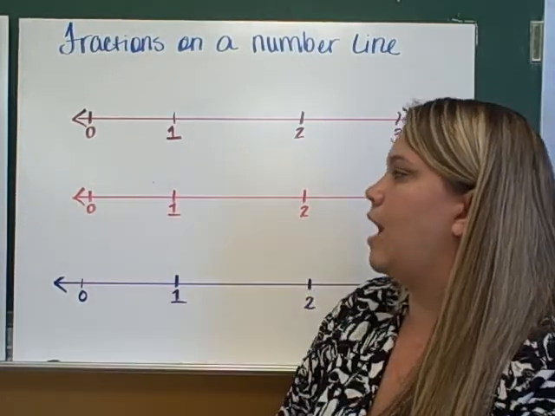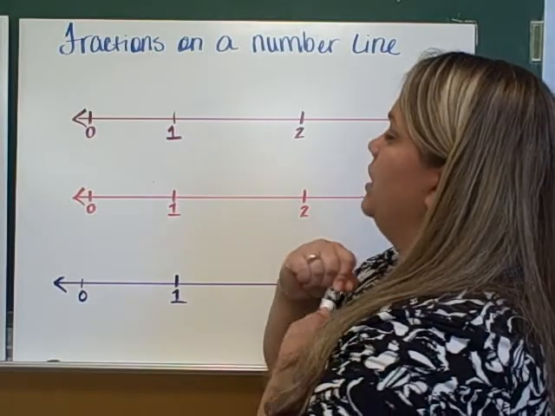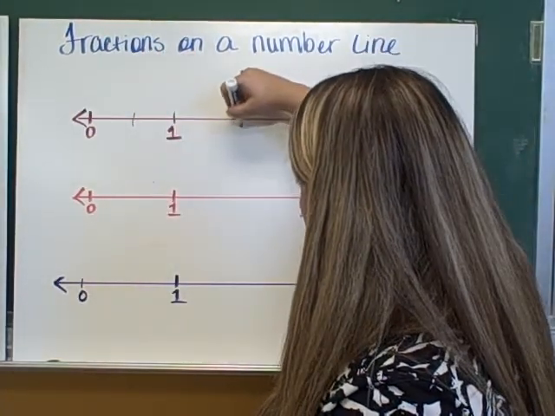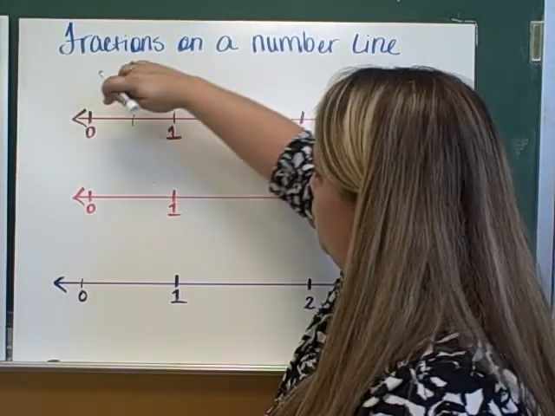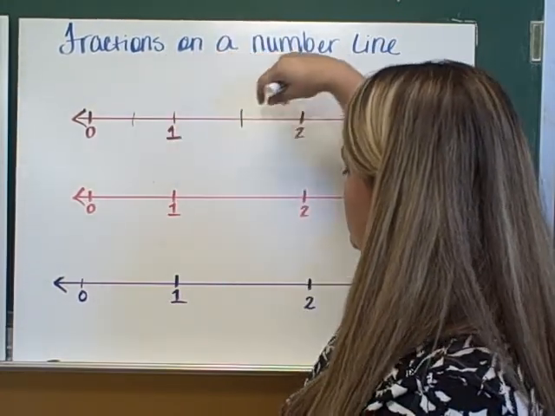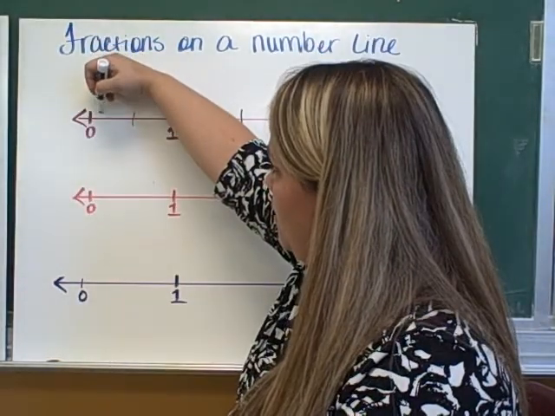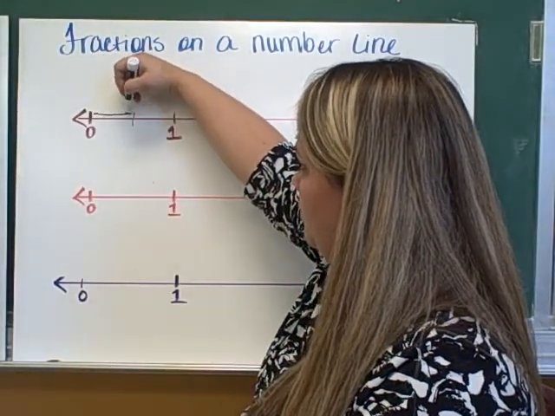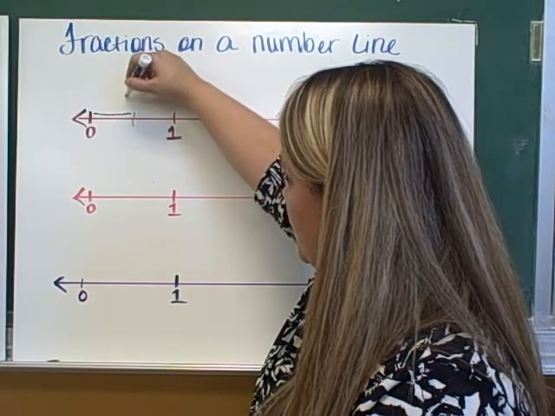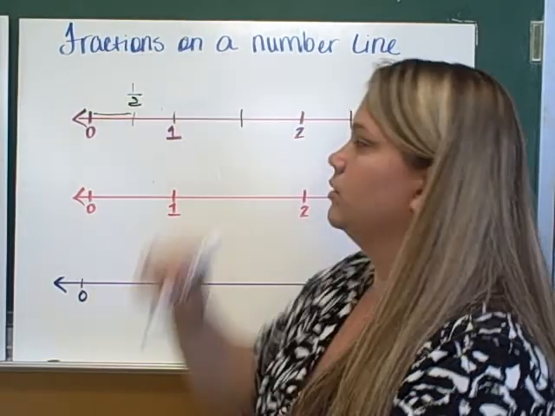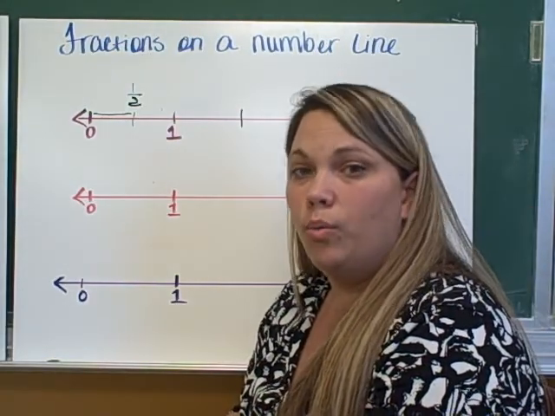Let's start with the top number line. If we divide our whole numbers into sections of 2, so I have 1, 2 sections here, 1, 2 sections here, 1, 2 sections here. When I go from here to here, I have gone 1 section out of a total of 2 sections, which gives me the fraction 1/2.